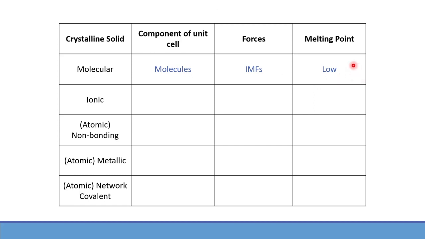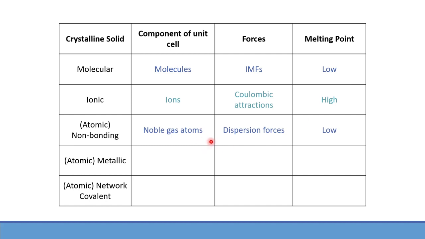That doesn't necessarily mean that it is going to be a solid only at very cold temperatures, but it's very low compared to our ionic crystalline solids, composed of ions, and the forces are those Coulombic attractions. So oppositely charged positive and negative ions are attracted to each other, and that allows for a very high melting point. It is a lot of energy involved in separating a full negative and a full positive charge.